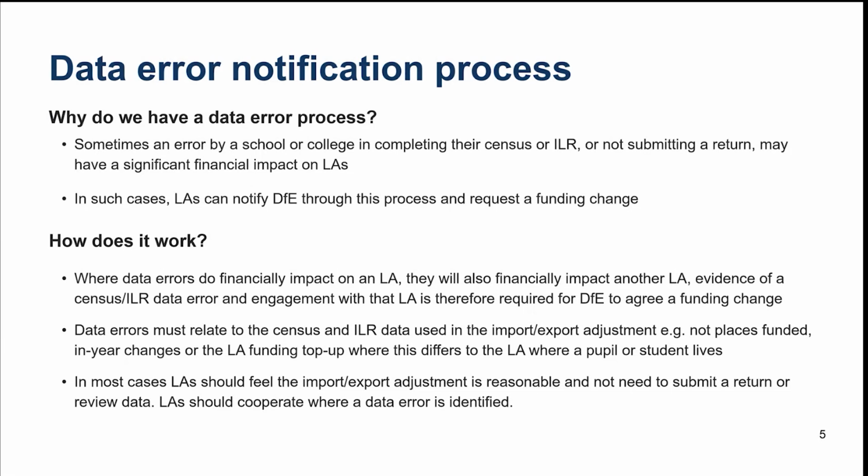Unfortunately, we do know that schools and colleges can make mistakes in the census or ILR returns. And in some cases, these may actually have a significant impact on the local authority's funding.